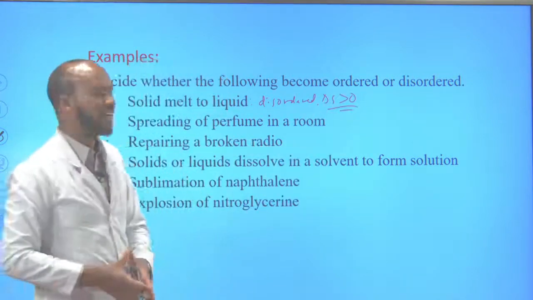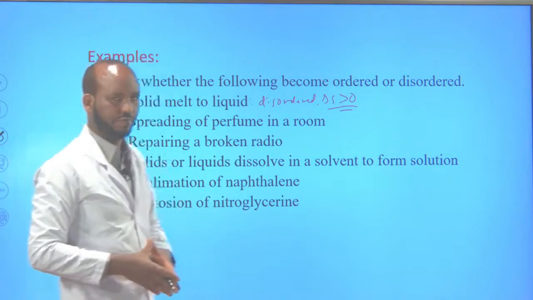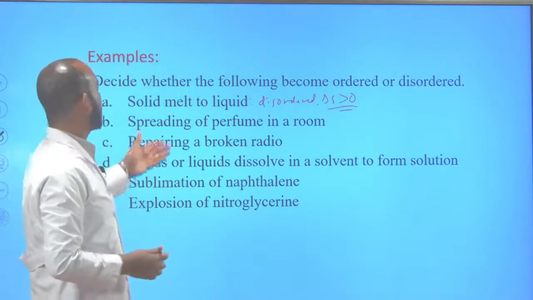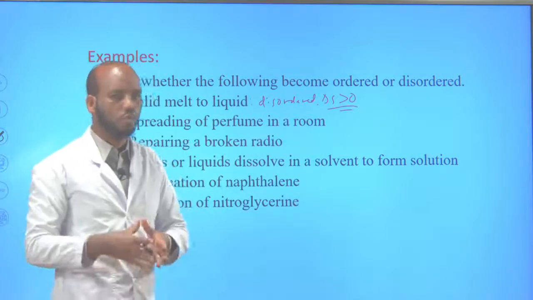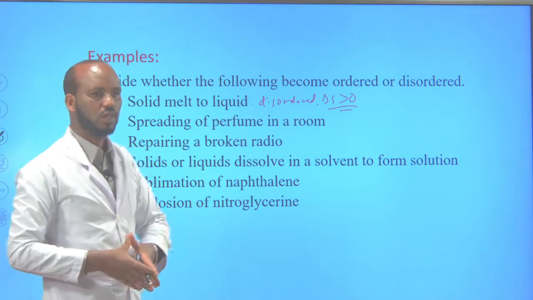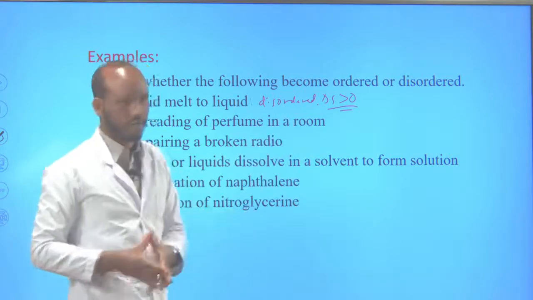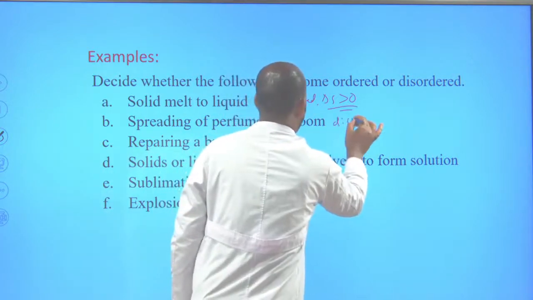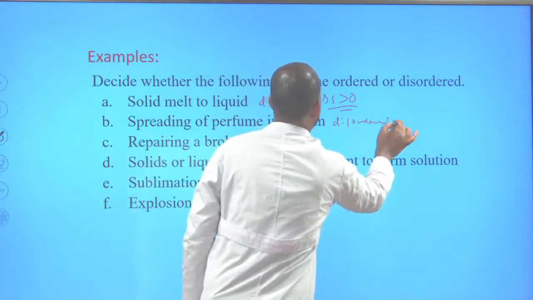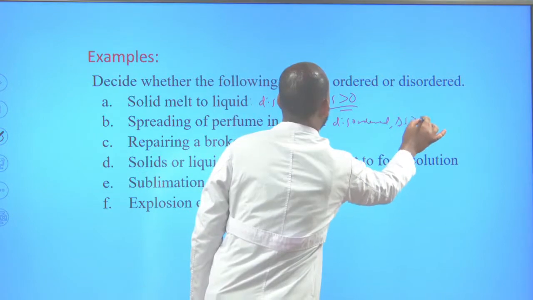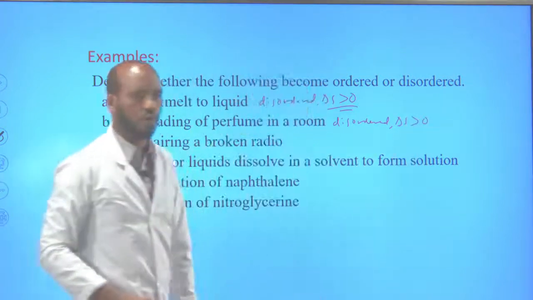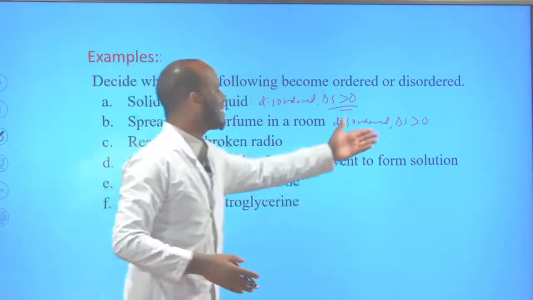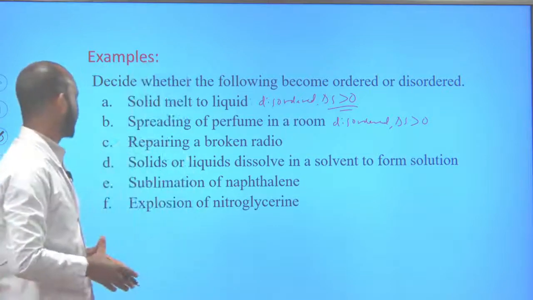The sign of delta S is positive. B. Spreading of perfume in a room. Now this process is disordered. Delta S for this process is greater than 0. The sign of delta S is positive.